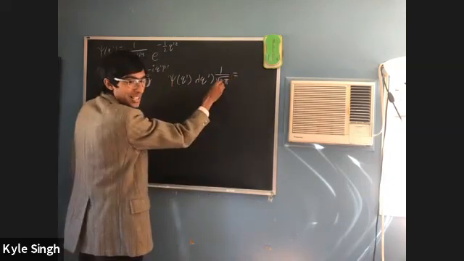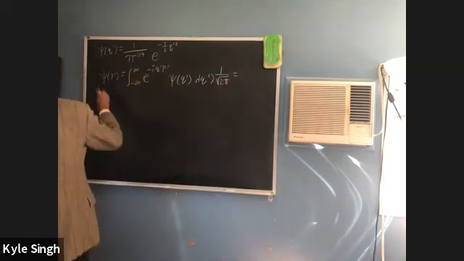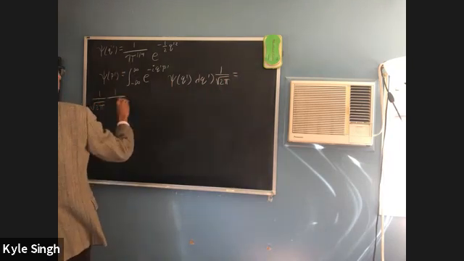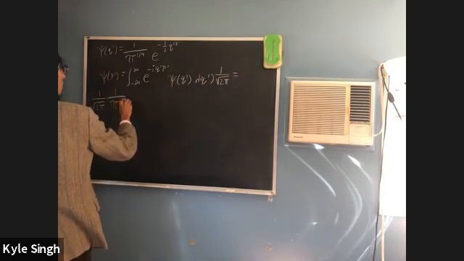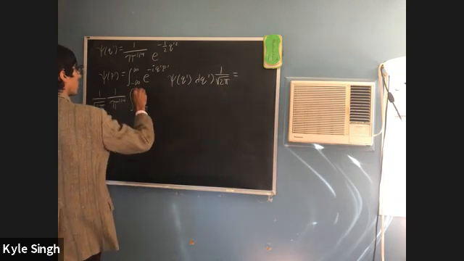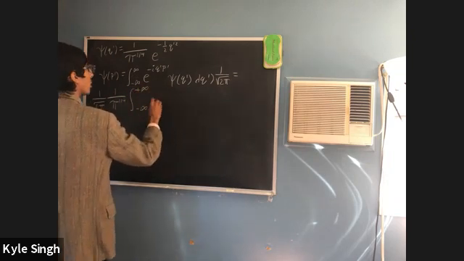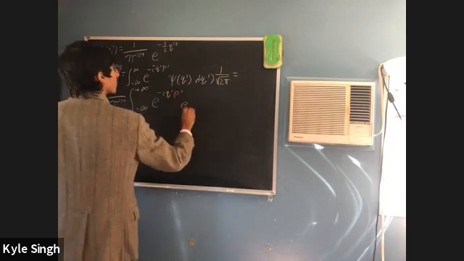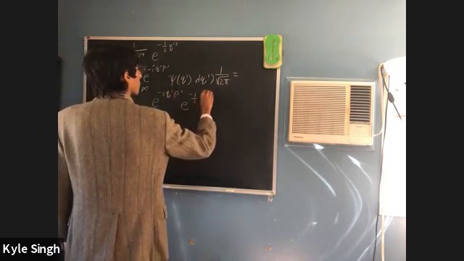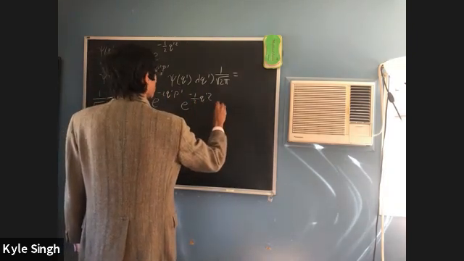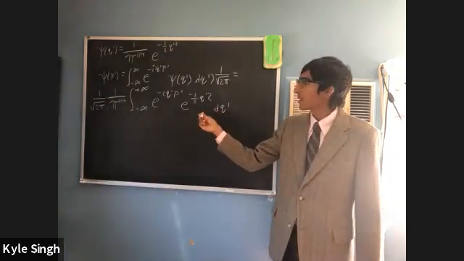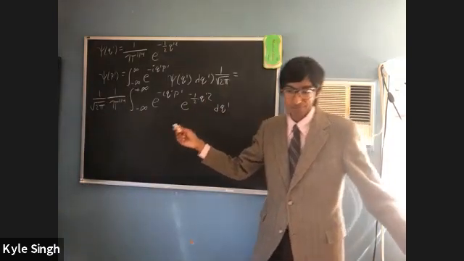Just put your normalization in front. I don't know why I did that. So now I'm going to substitute inside. This I can pull out, and I'm left with this. Right, and now it's simply a matter of computing this integral. That's all.